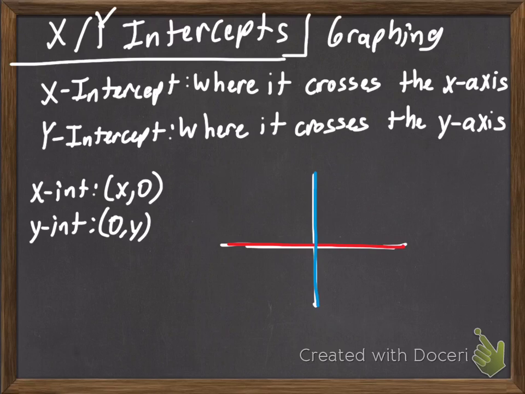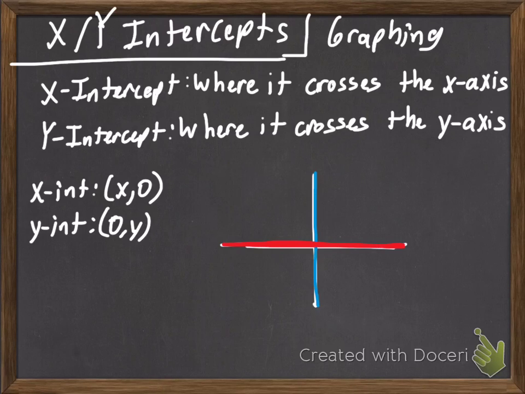Now, as you see on the left, we see that the x-intercept is at x, 0. That's very important, because if we look at our x-axis, this red line here, how far up do we go, or how far down? We don't. We stay right on it. So that means that our y is 0.